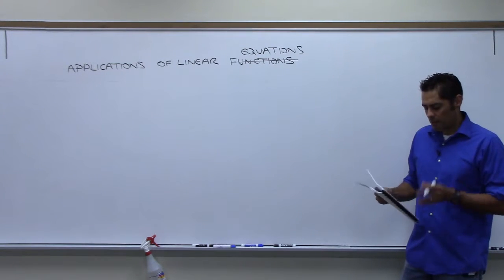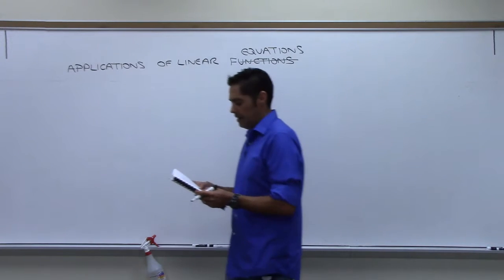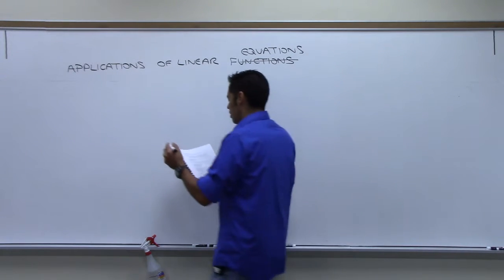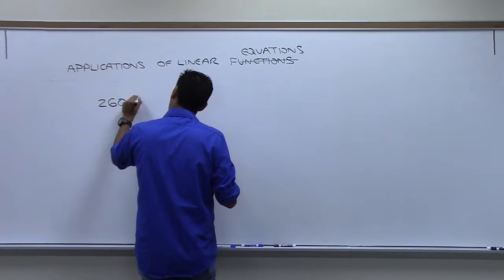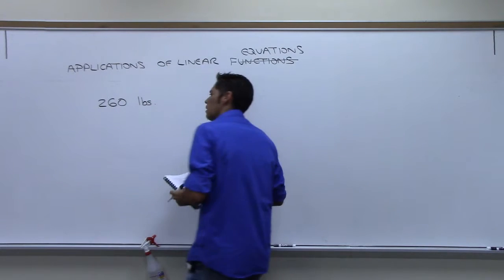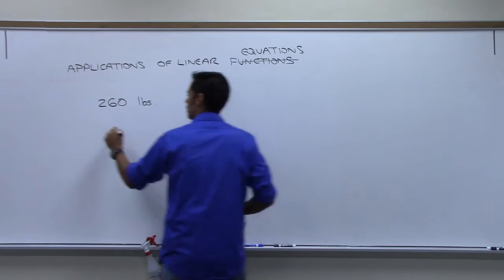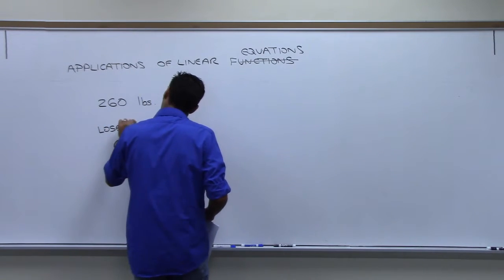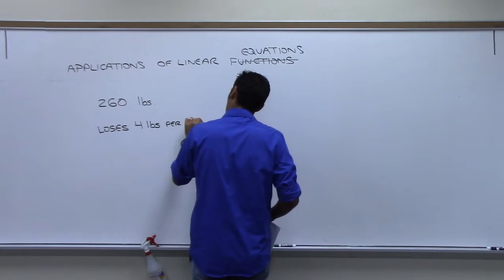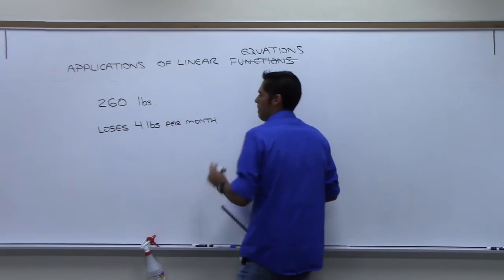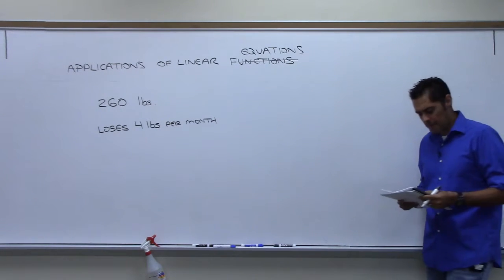So let's just take a look at number 1 here. It's about Mr. Thompson is on a diet. All right? Mr. Thompson currently weighs 260 pounds. He loses 4 pounds per month.